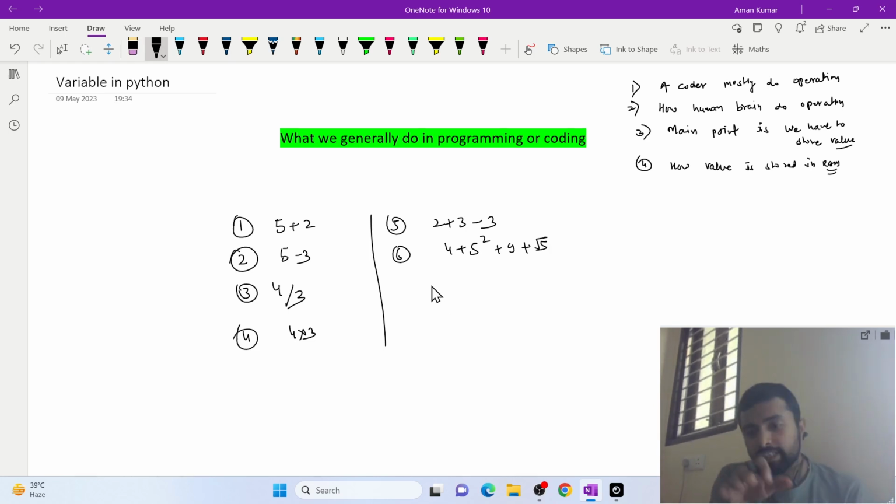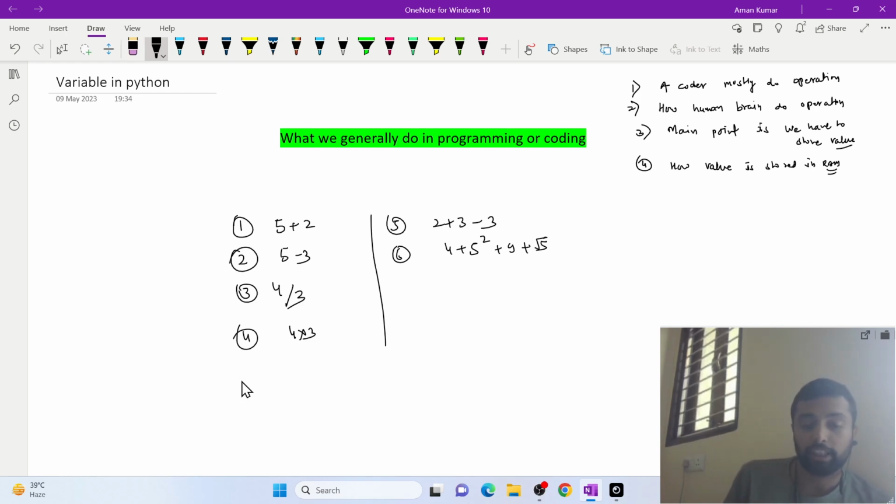These are the operations, and when you become a software engineer, you will be doing such operations while writing code. There are also other kinds of operations, so let me write those as well.